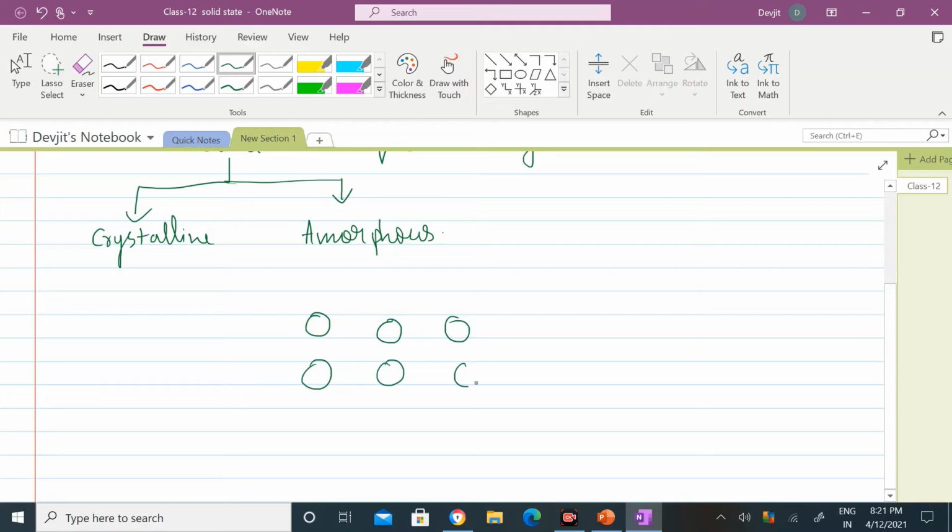In this way, the people with a short height will be in front, and then gradually height will increase and the tallest person will be at the end. So this is the pattern followed for the morning prayer. There is a fixed distance, a fixed pattern. You see, the pattern is very fixed. So this is called crystalline.